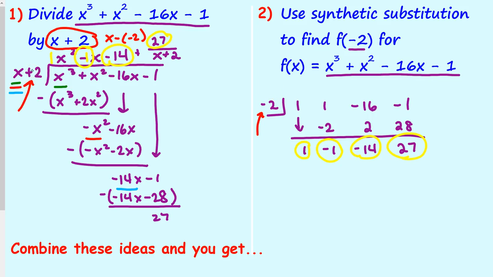So it's like multiply, add the opposite, which is the same thing as multiply, subtract. So these processes give you the same results. It's just that synthetic substitution gives it to you in less time and less space. Now, if you are asked to do division, what you can do is called synthetic division.